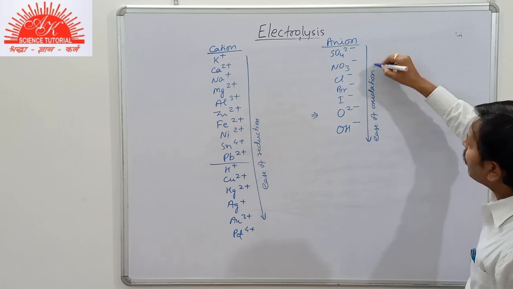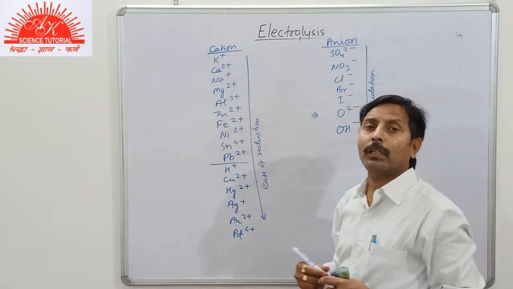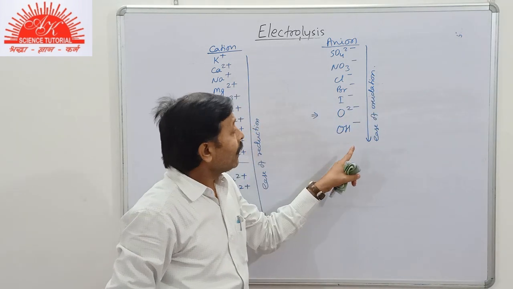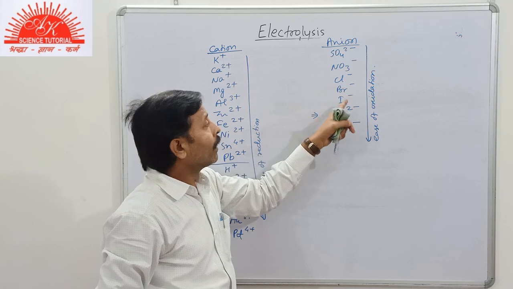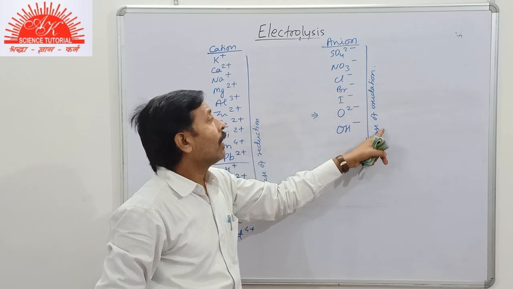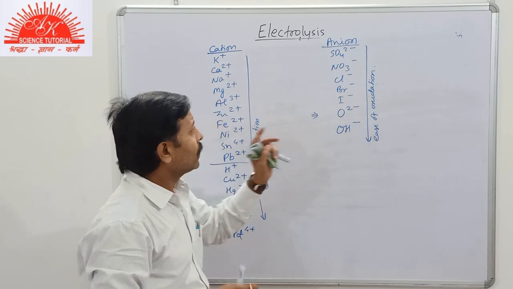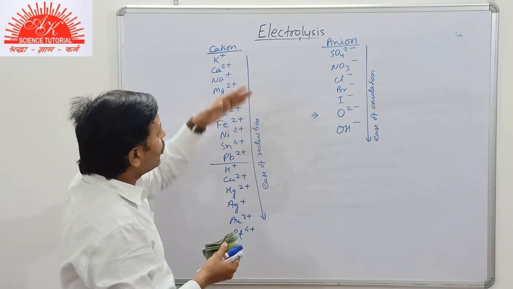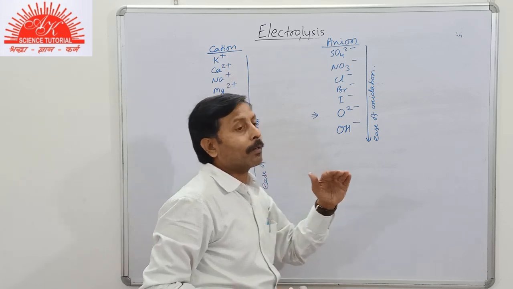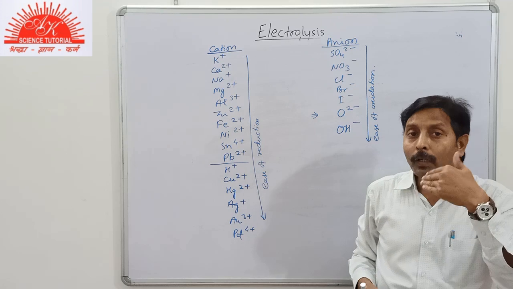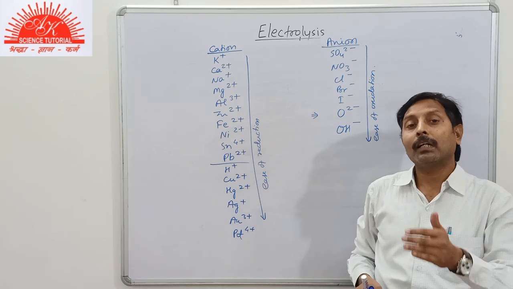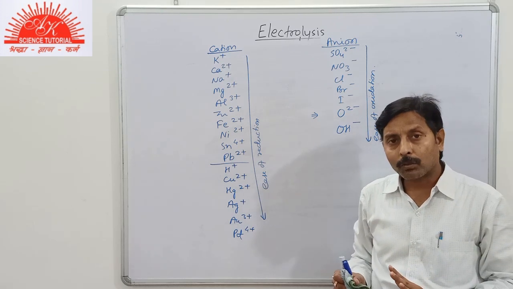Since the anions migrate to the anode and lose electrons to become neutral, there is oxidation. In this series, the ions placed lower will be more easily discharged at the electrodes. Clear, students?